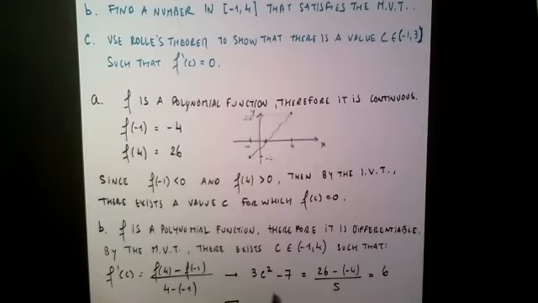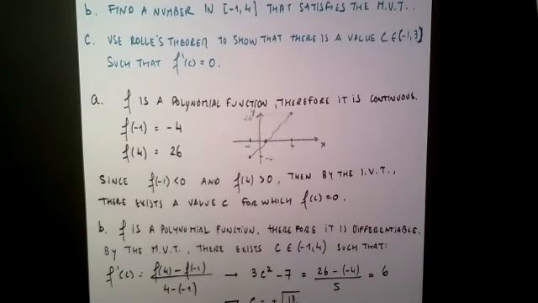Therefore, if you solve this, 3c squared minus 7 equals 6, 3c squared equals 13, c squared equals 13 over 3, and so c is equal to plus or minus the square root of 13 over 3. So these are two values.